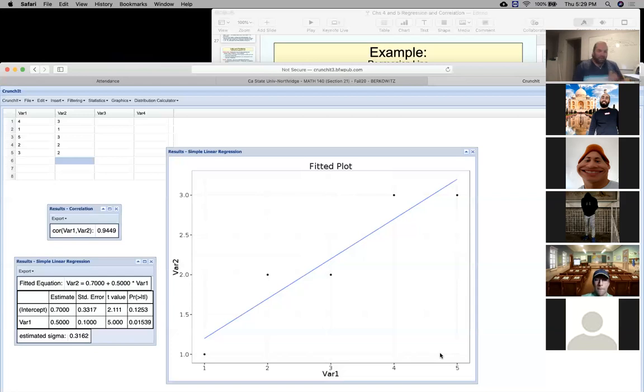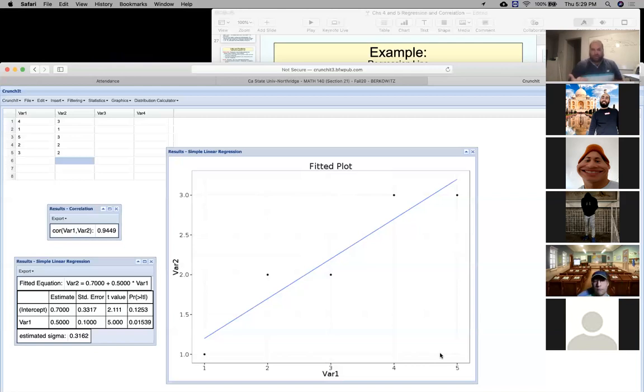Now let's interpret what this means. Before we finish the question, let's interpret it. This means that for every extra child that I have, how many extra cars am I going to have on average? A half, right? As x goes up by 1, y goes up by 0.5.